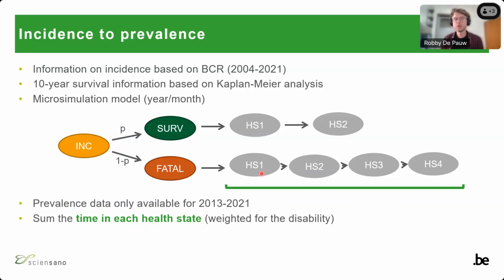And specifically for the YLD estimation, this is of course weighted for the disability, based on the disability weights, which are also in line with the estimates of the GBD. So the estimates that we have for the different health states and the prevalence-based estimations are very much simulation-based.